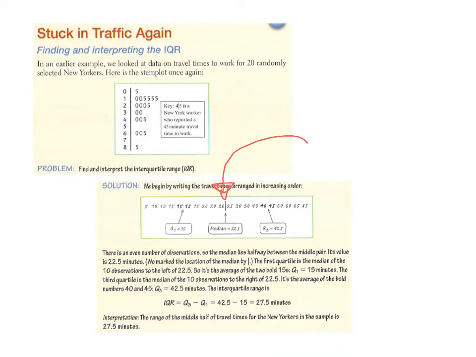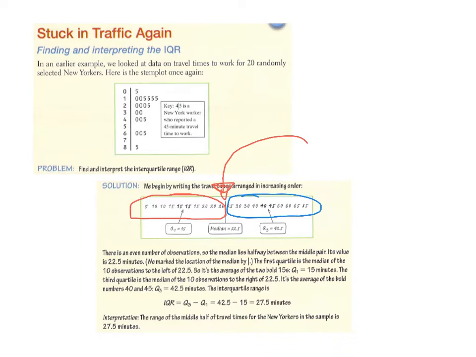My median isn't an official number in my data set. So now when I'm finding the Q1, I'm looking at all 10 of these. And when I look for Q3, the third quartile, I look at all 10 of these to the right, because my median is not an actual number in the set.